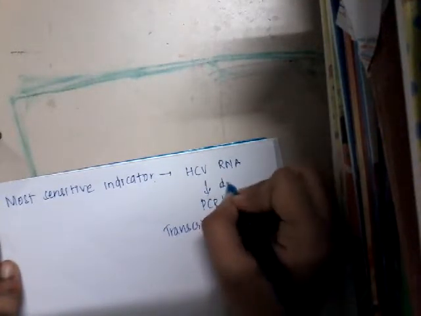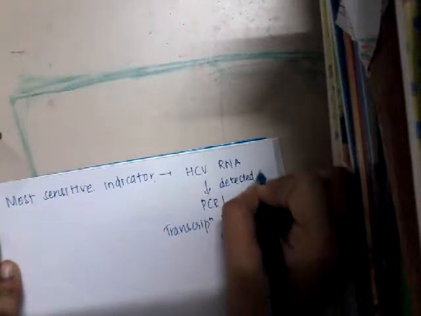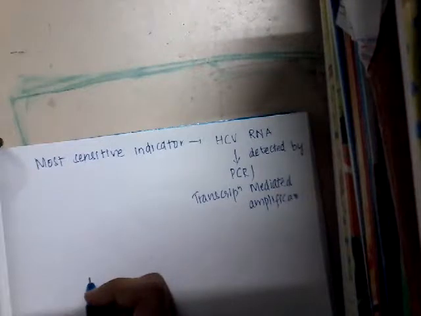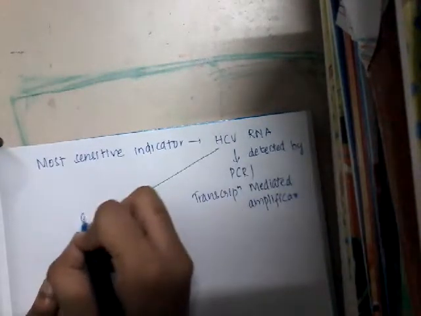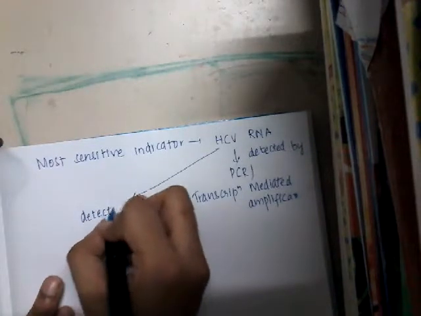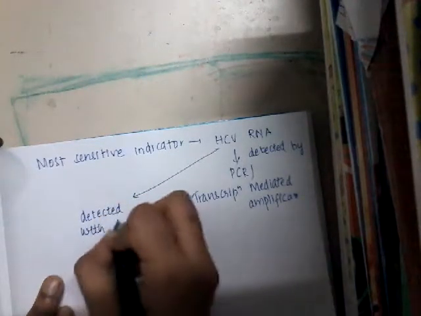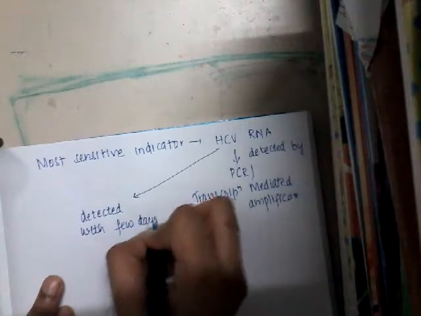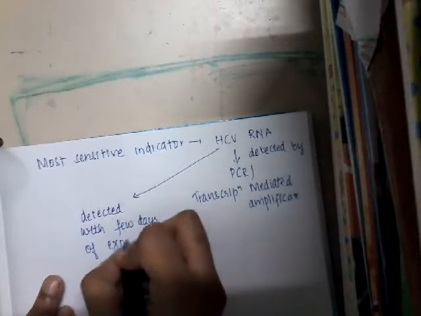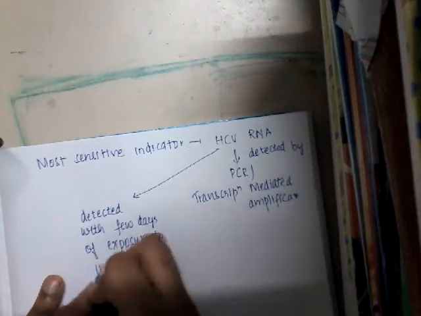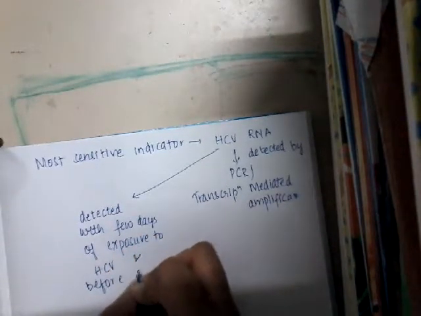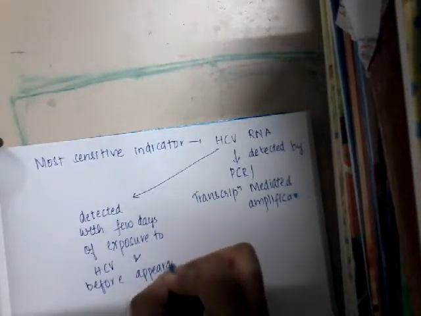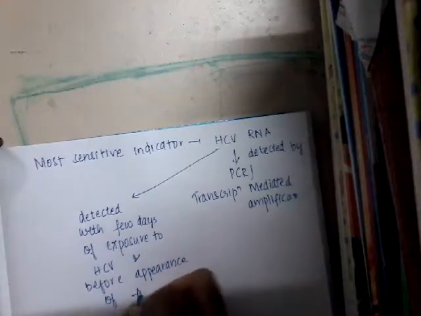This HCV RNA can be detected within a few days of exposure to HCV, even before the appearance of anti-HCV antibody.